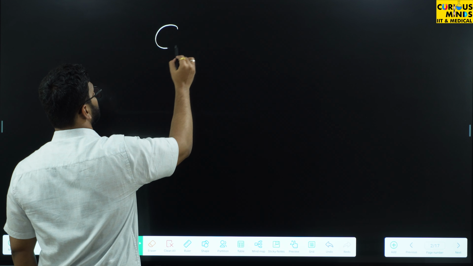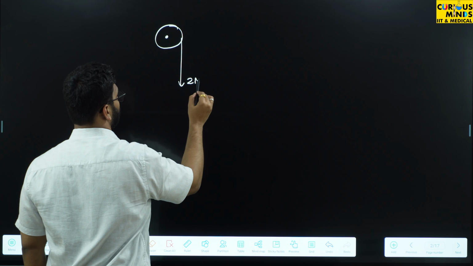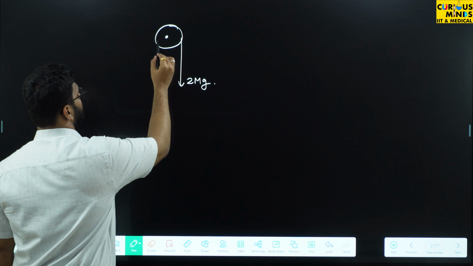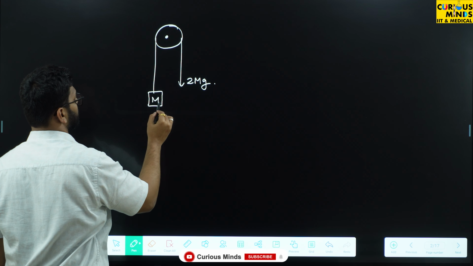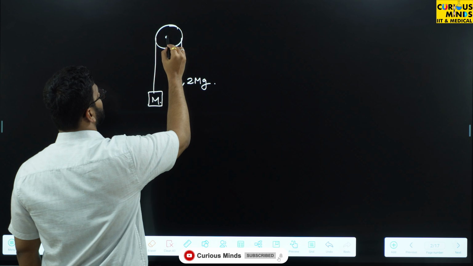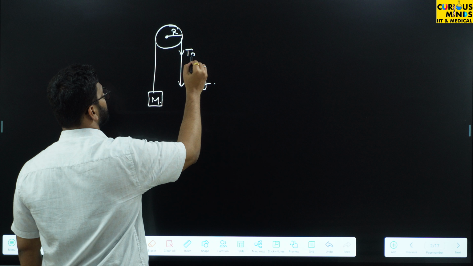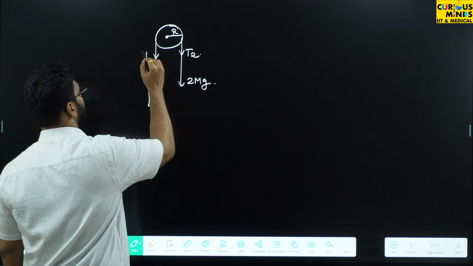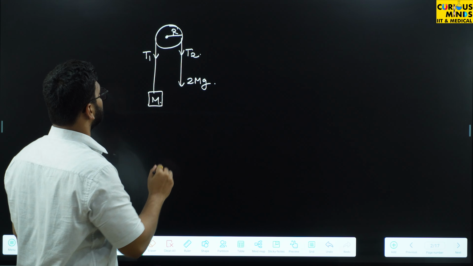First thing we will do, we will take this as 2mg force here, and this is mass m. Now let's say this has a radius R. Let's say the tension developed here is T2 and the tension developed here is T1. Note that the tensions are not equal. The pulley is not frictionless.